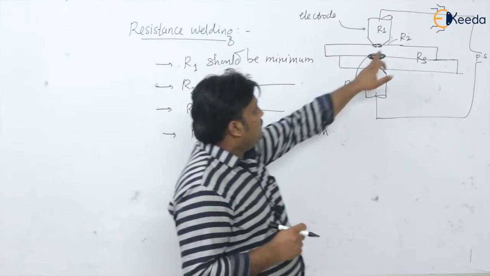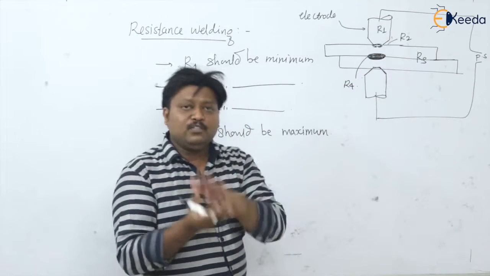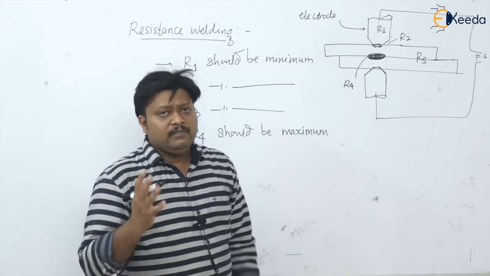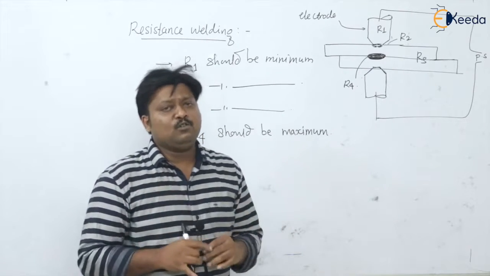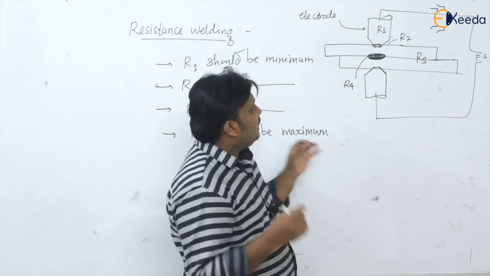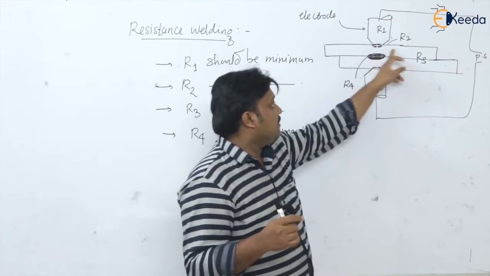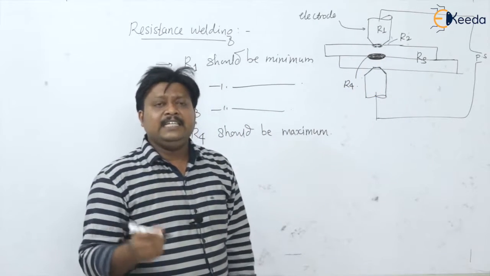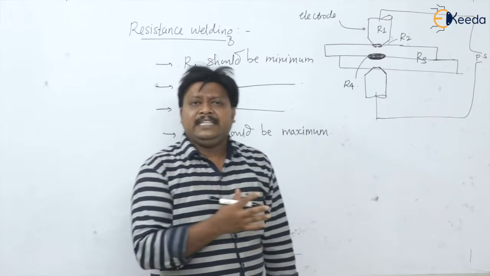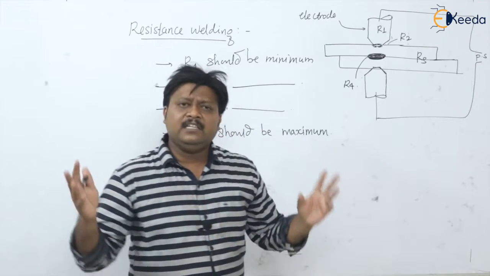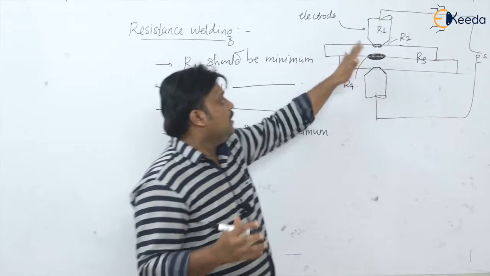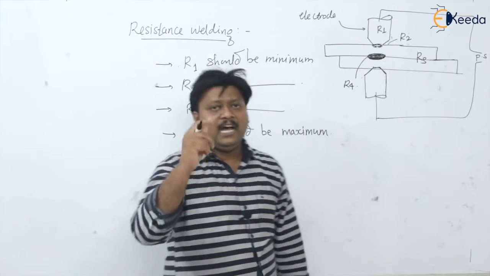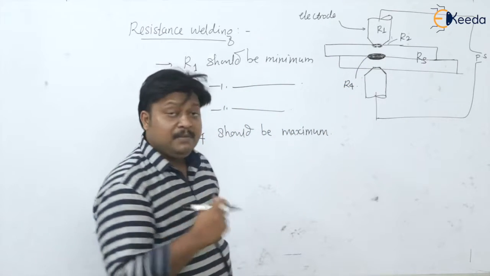Now R2 again should be minimum. So we can keep a clean electrode tip surface. Also we can keep the plate surface very clean, so that there will not be any dust or contaminating particles. If you keep that clean, then R2 also gets minimum.